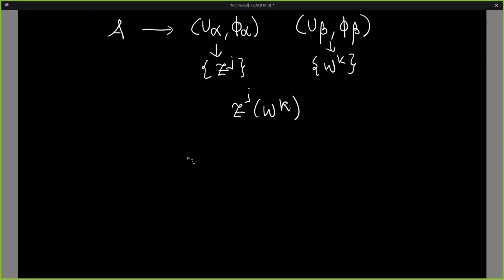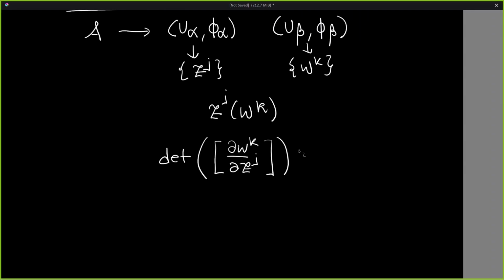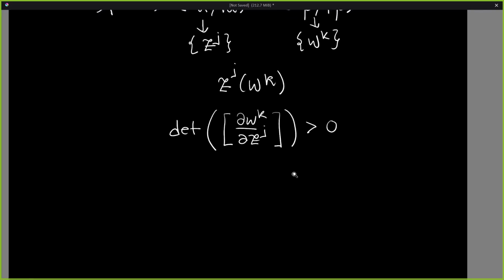And so the determinant of the coordinate transformation, partial w_k over partial z_j, this is the Jacobian, the determinant of the Jacobian. I'm not going to define a Jacobian here. I don't think it's necessary. It's part of multivariable calculus, so I'm going to assume that people know what a Jacobian is.